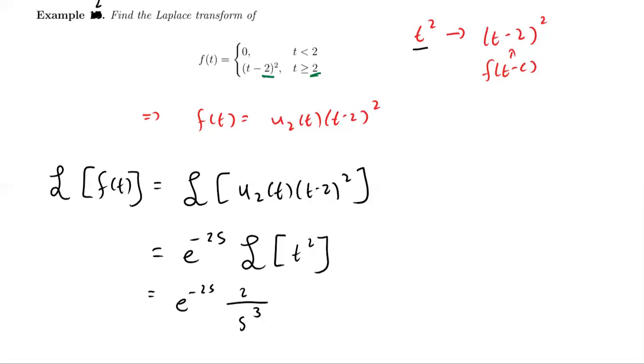So it becomes the Laplace transform of t squared, which we can just look up in our table. And this is how working with step functions allows us to efficiently calculate Laplace transforms whenever your piecewise function has this nice form.